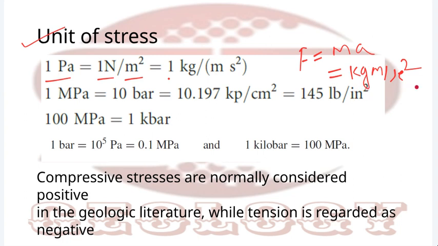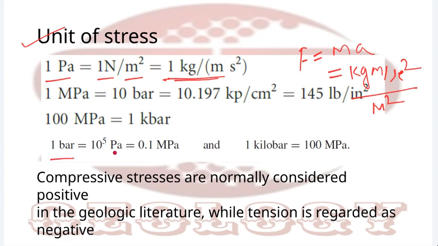This is divided by meter square. It will be 1 kg per meter into second square. So 1 Pascal is 1 kg per meter into second square.